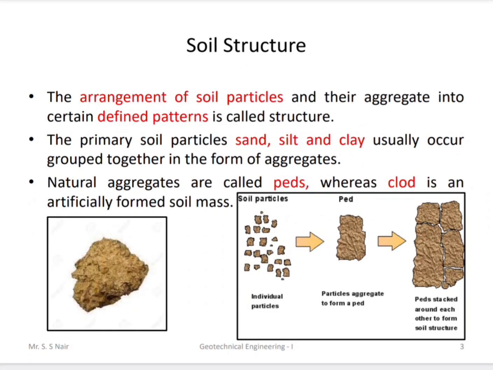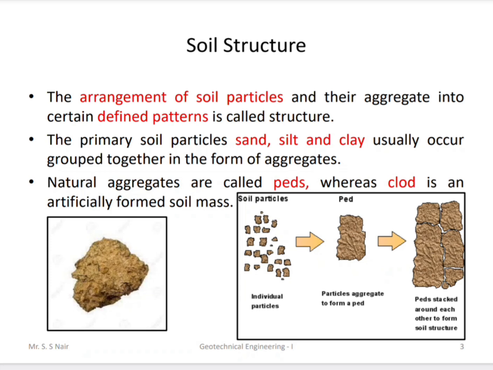The arrangement of soil particles and their aggregates into a certain definite pattern is said to be the soil structure. Primary soil particles, as we all know, are sand, silt and clay, and they usually occur grouped together in the form of aggregates.